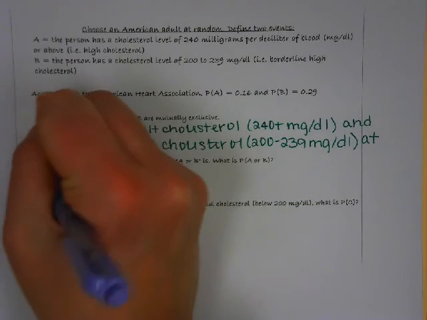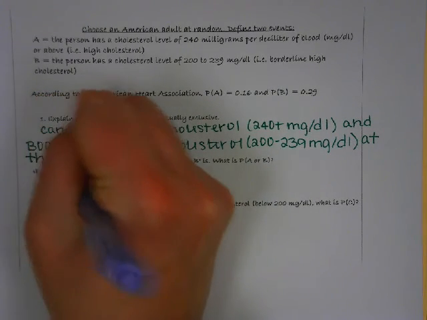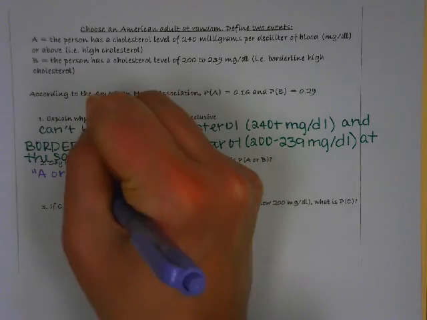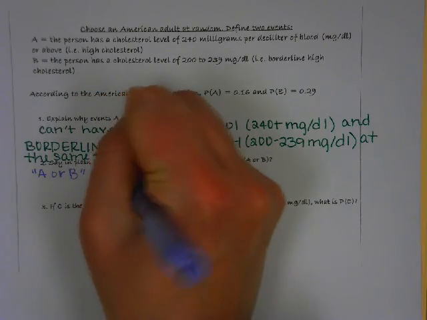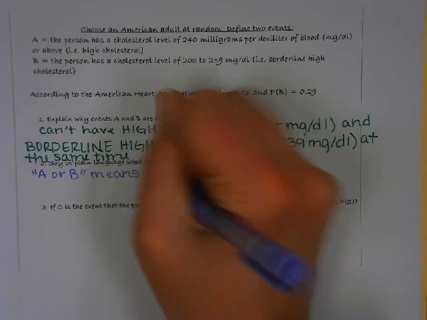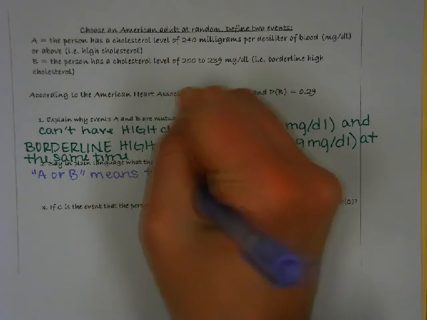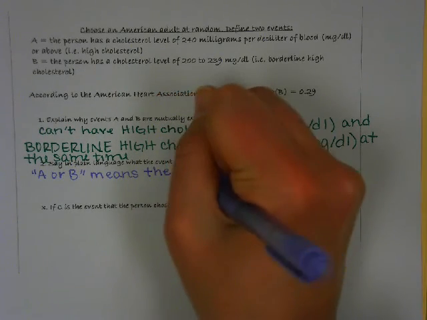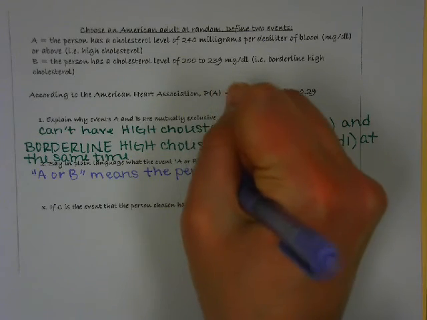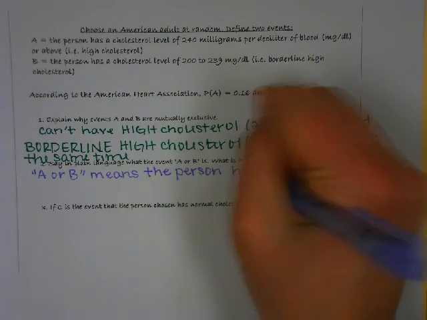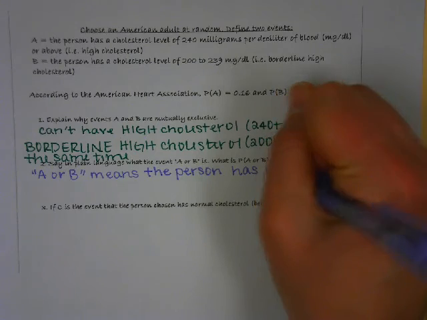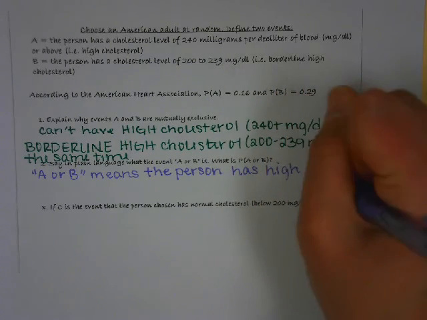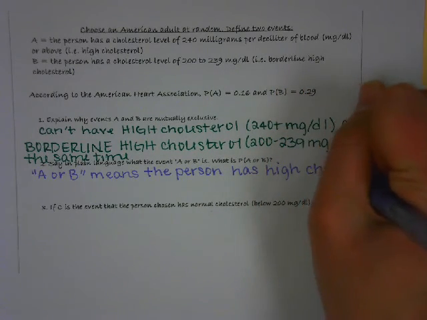So A or B means, and I'm going to put it into a little context, I'm going to say the person, because it says we choose an adult at random, the person has high cholesterol or borderline high cholesterol.